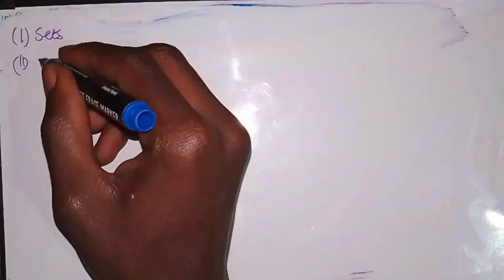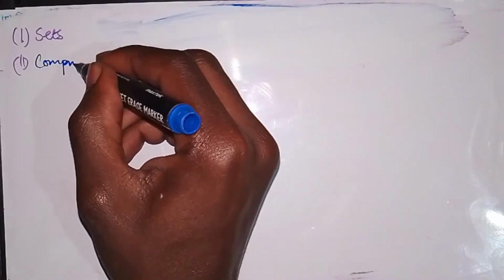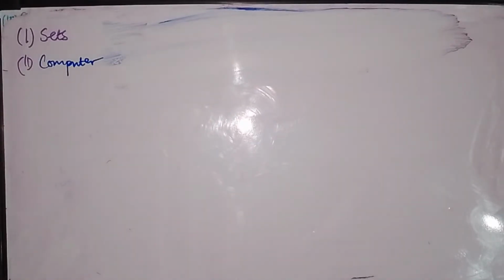What are we covering in our video today? We are going to cover sets, which is a simple topic that can help you get marks in Paper 2. Second, we are going to cover computer. I'm going to show you a trick you can use to solve computer or the pseudocode in Paper 2.